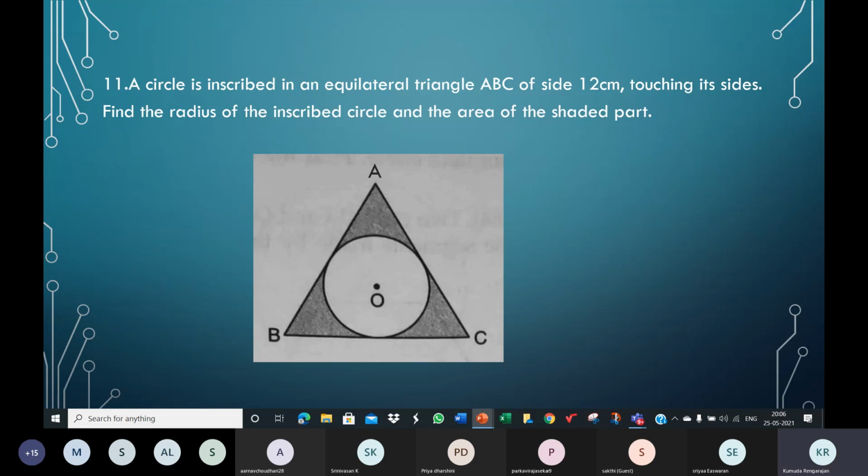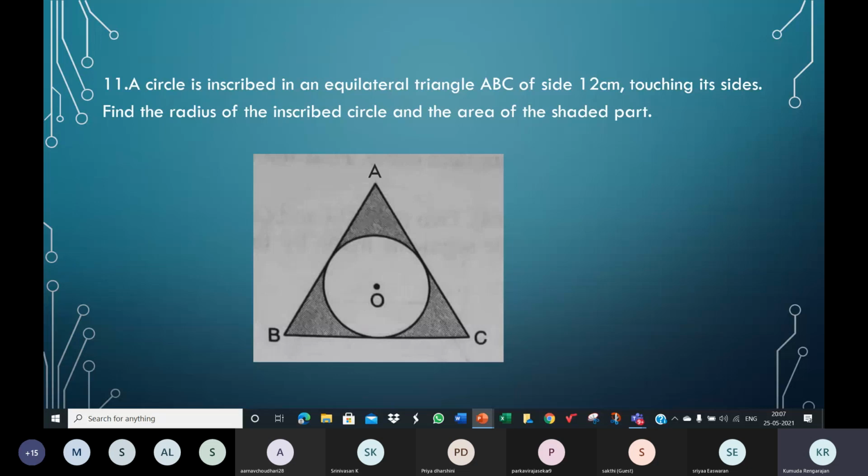Half into 12 meaning 6r. So you will get 6r plus 6r plus 6r, so 18r. So root 3 by 4 into 144 is equal to 18r. All of you please work this and get the value of r. You should get 2 root 3.